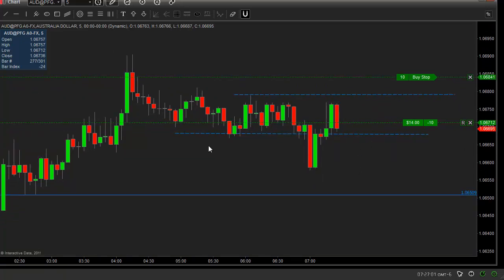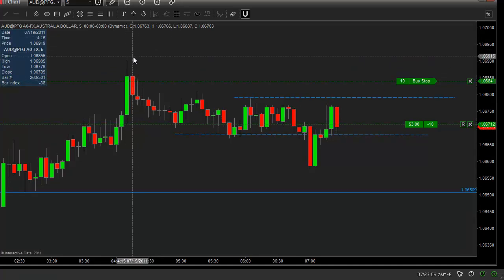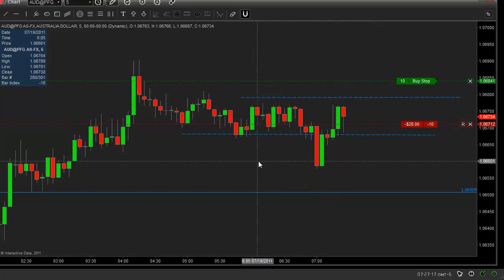But here's what I want to get at, guys, is that my initial risk was all the way up here above these highs. My risk has now been sucked up significantly to where if I lose on this, it's $100, $150, something like that, nowhere near what it would have been before. And look at that, see it kind of pop around like that.